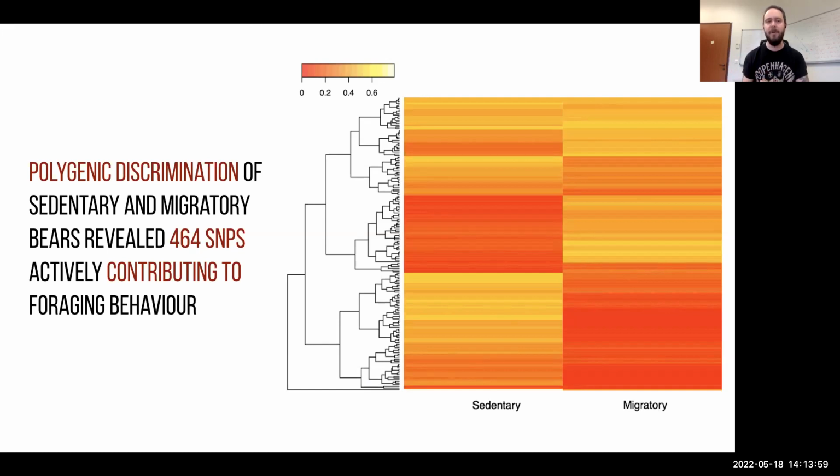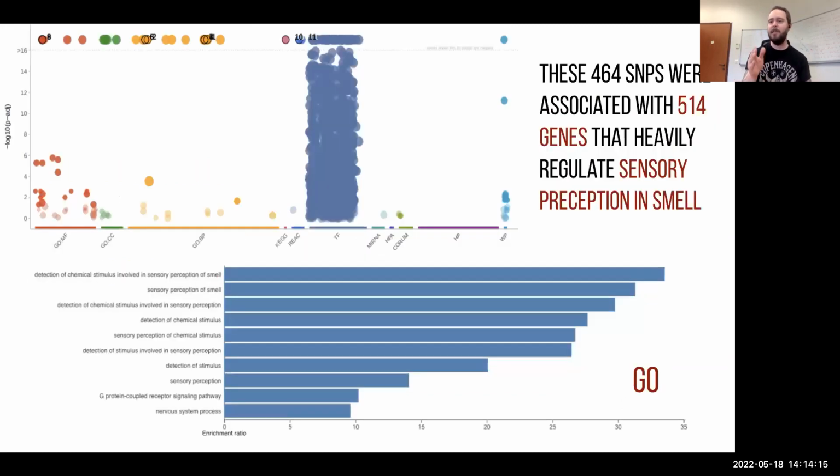And what we found was about 464 SNPs that were contributing to differences in sedentary and migratory behavior along the genome, contributing to foraging behavior. And among these 464 SNPs, we actually found 514 gene regions that played a role in this differentiation.